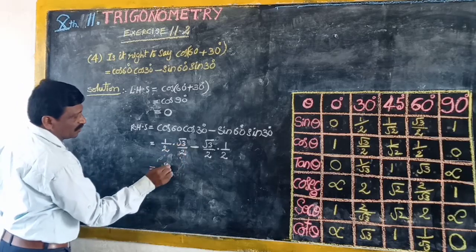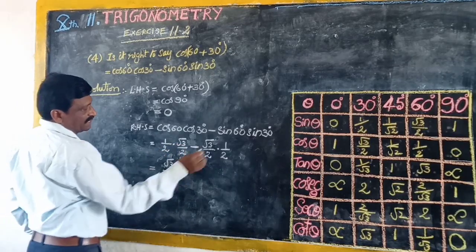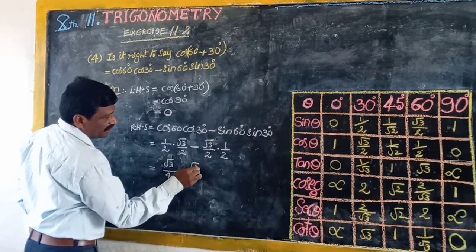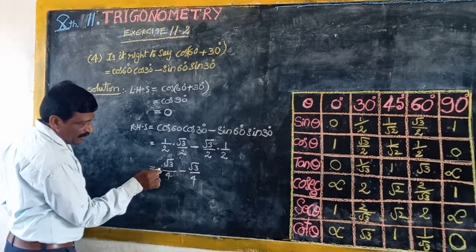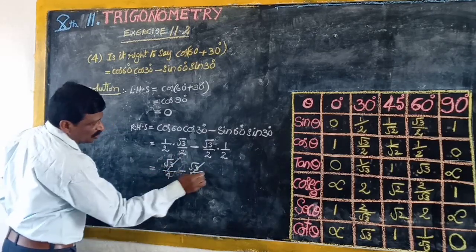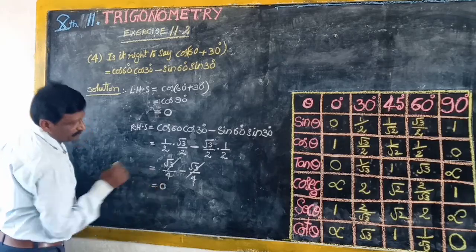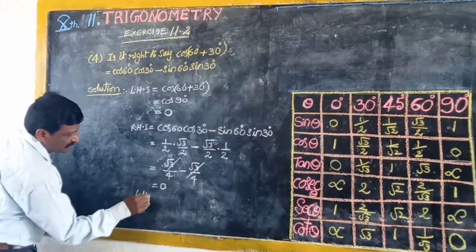So root 3 by 4 minus root 3 by 4 cancels and is equal to 0. So LHS is equal to RHS.